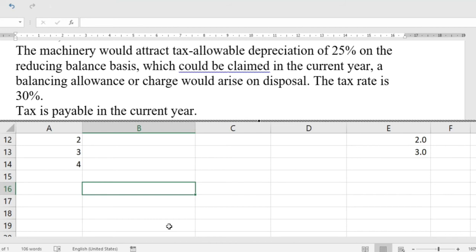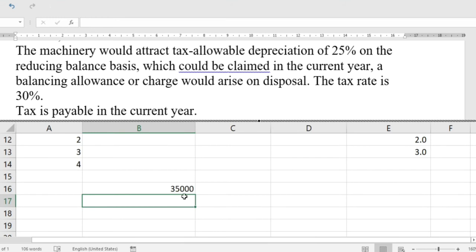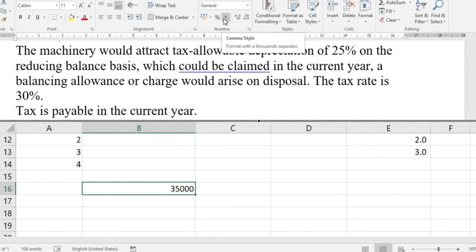We know that the 50,000 is the cost. We remove the disposal, which will be equal to 35,000.